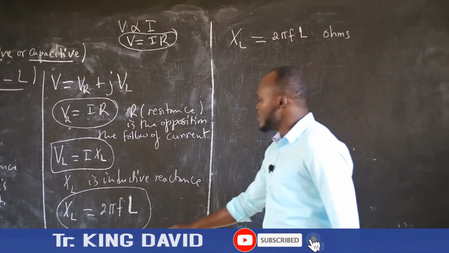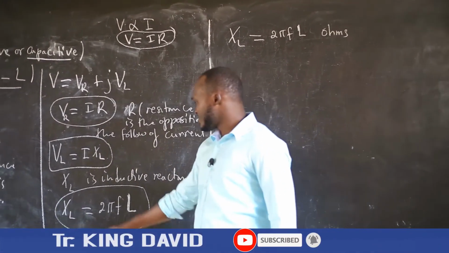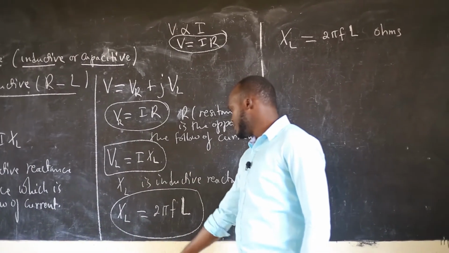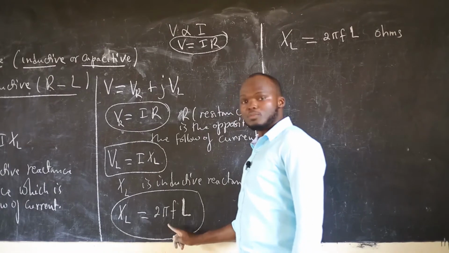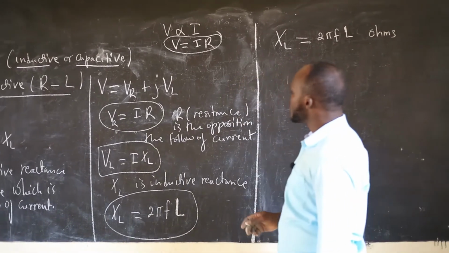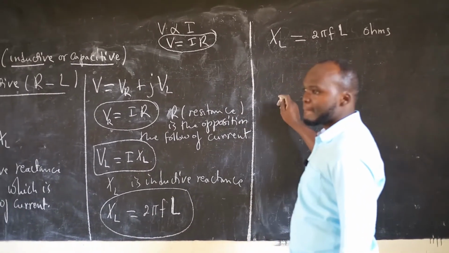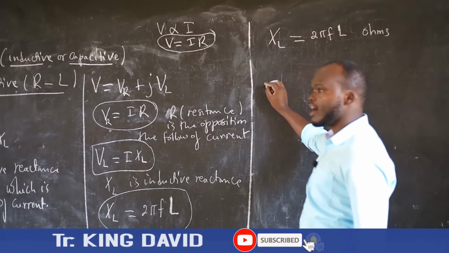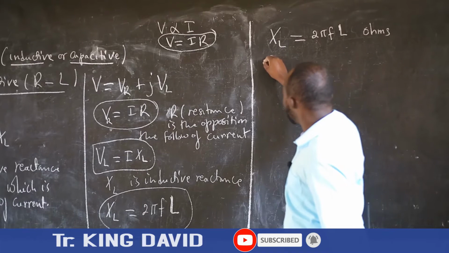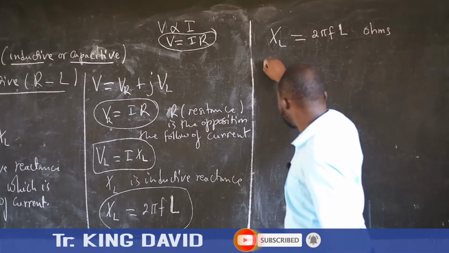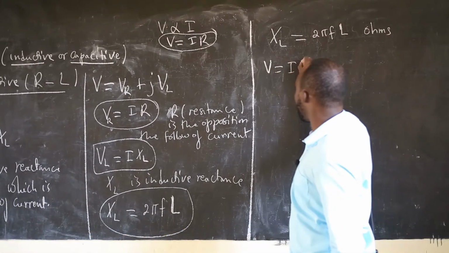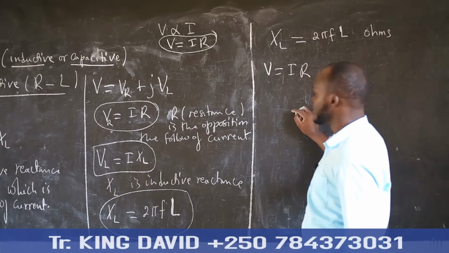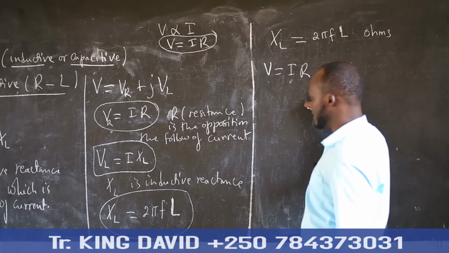So now, from the formula where VL equal to I XL, and XL is equal to 2 pi FL, we know that voltage equal to IR is current times resistance.